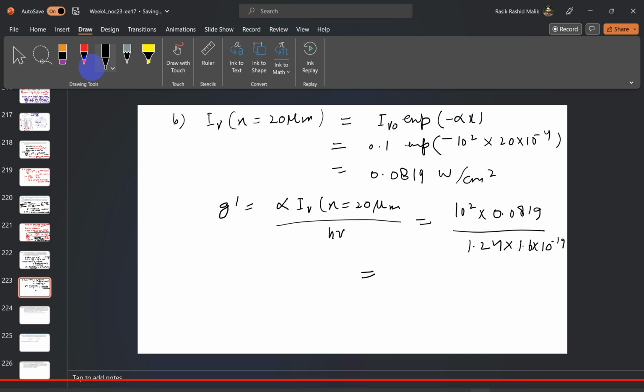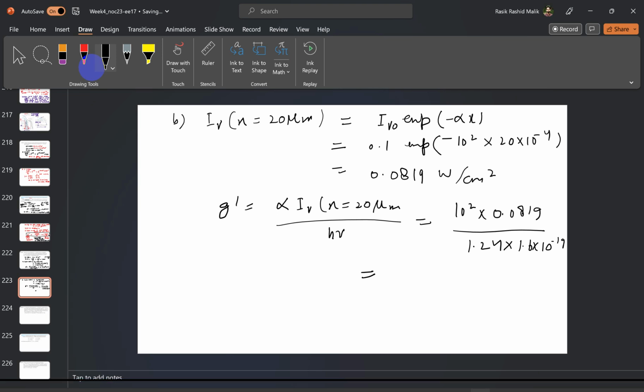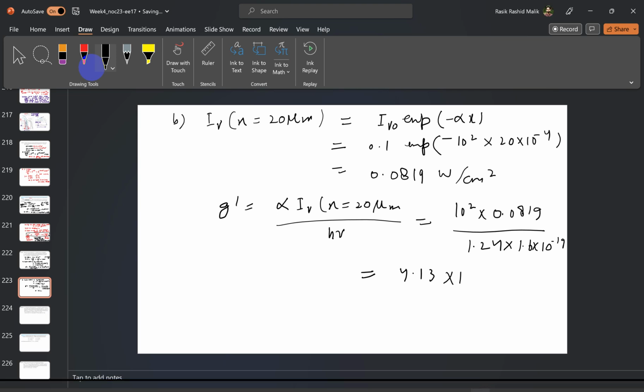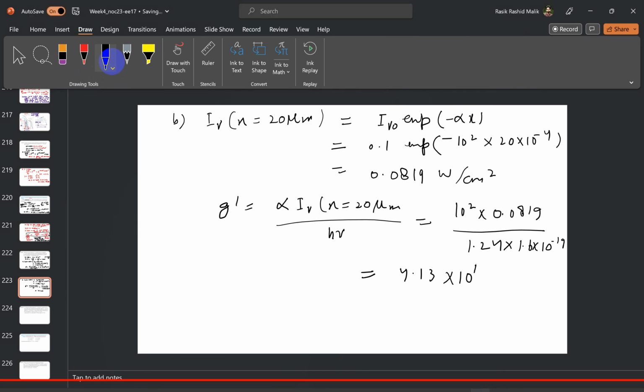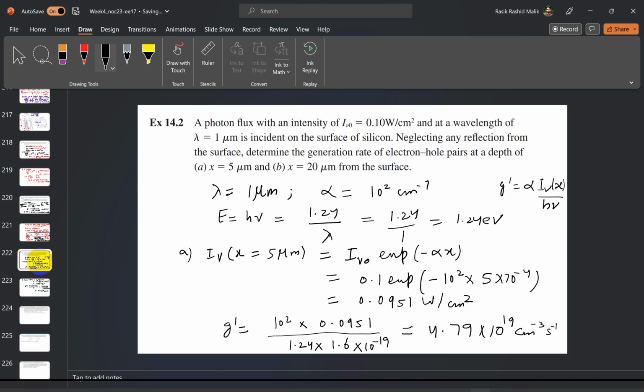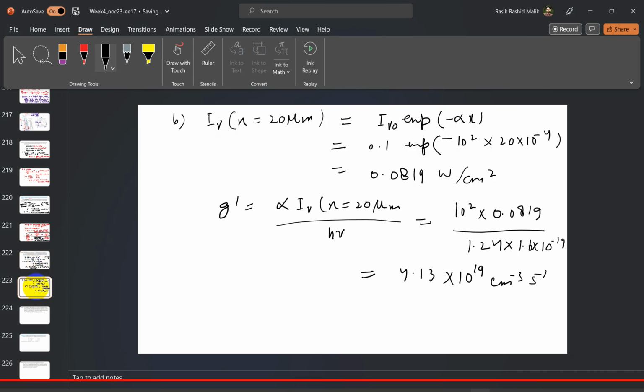And the generation rate is coming out to be equal to 4.13 10 to the power 19 per centimeter cube per second. So earlier it was 4.79, now it is 4.13. So this is a typical value of the generation rate here.